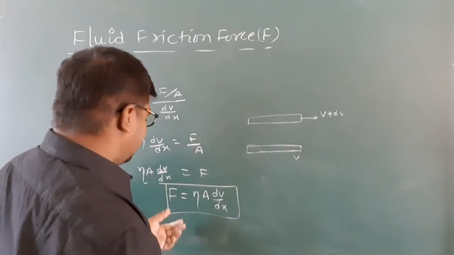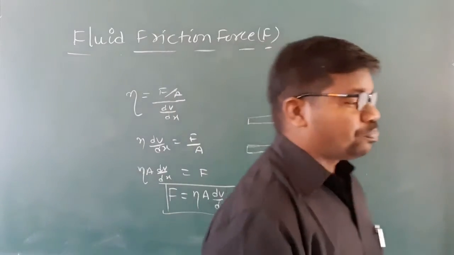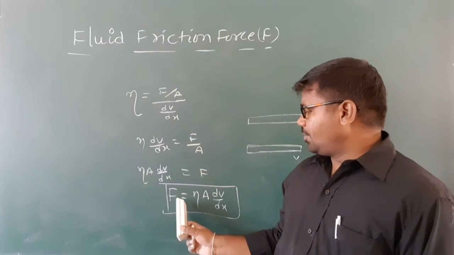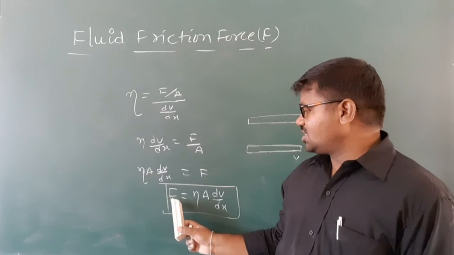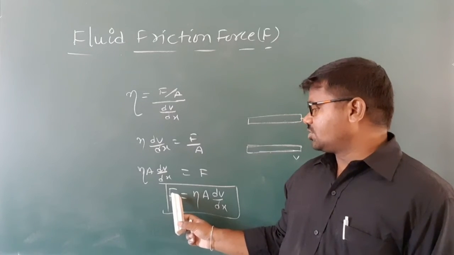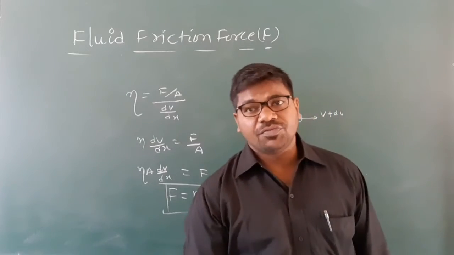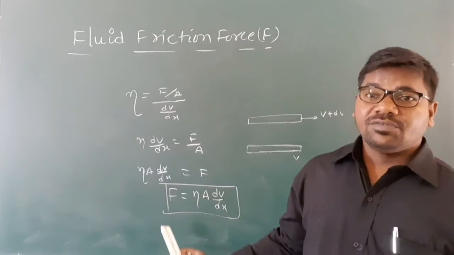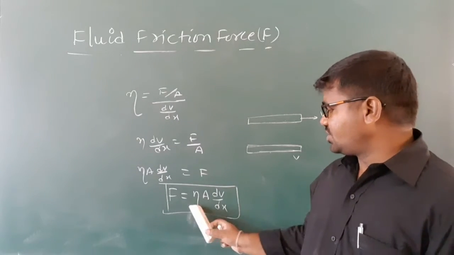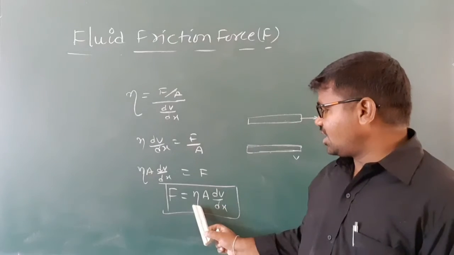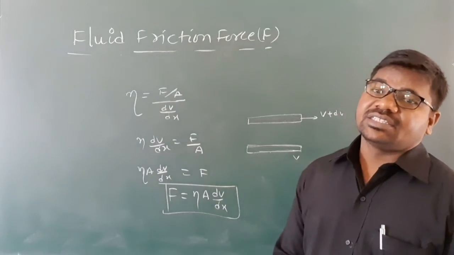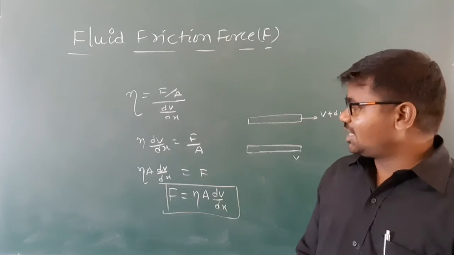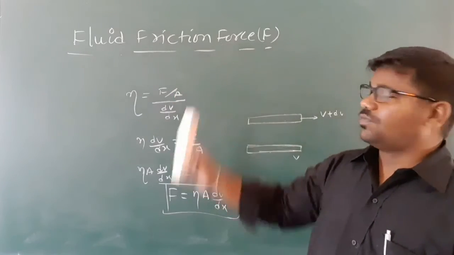This formula gives the force of friction of the liquid flow, the fluid friction force. F is equal to eta into A into dv by dx.